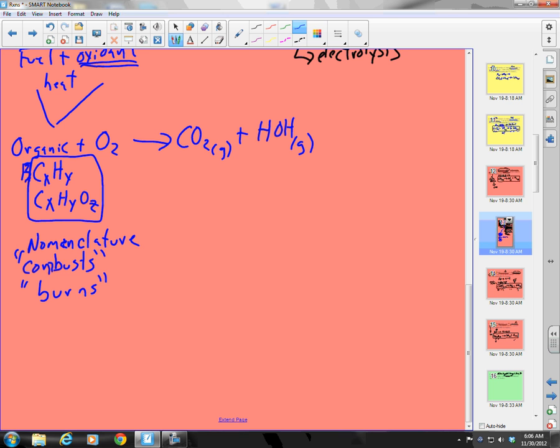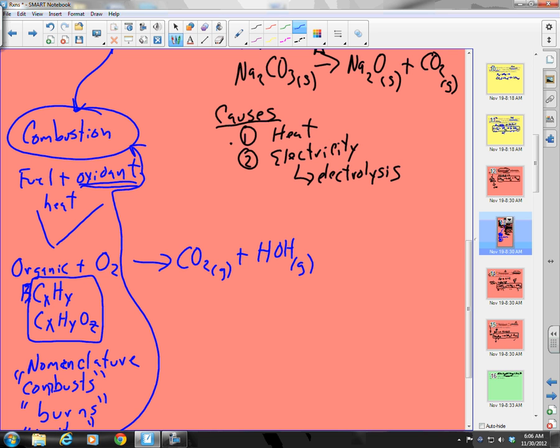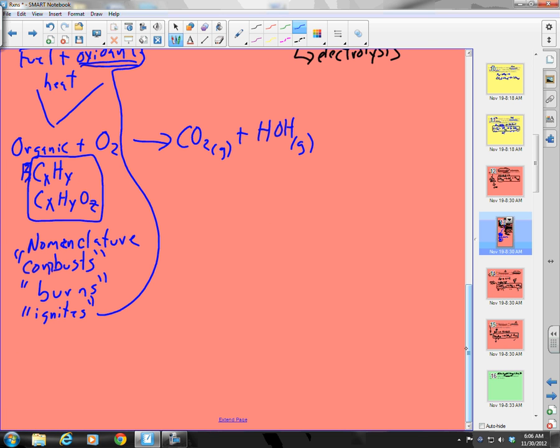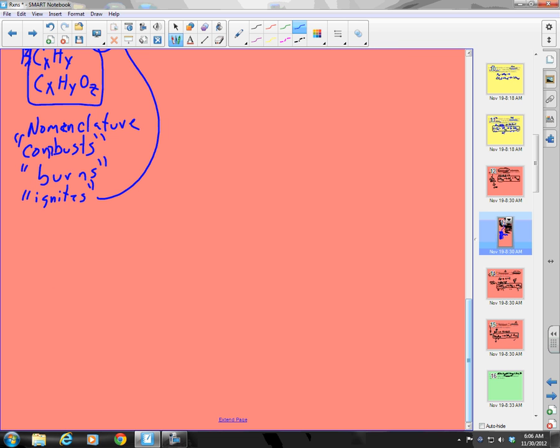Burns would mean combustion, ignites, explodes. These things all indicate that we have a combustion reaction. So when you see that something is burning, we're saying it's reacting with oxygen and it's going to form carbon dioxide and water. Okay? And that's really all there is to it.